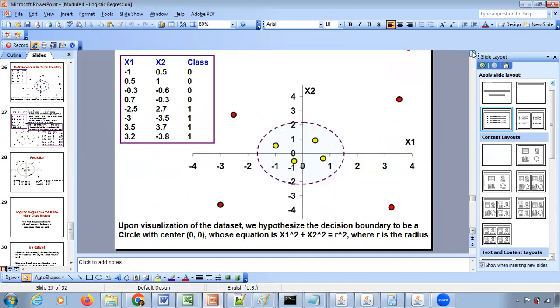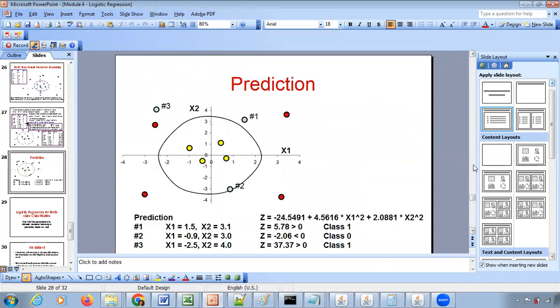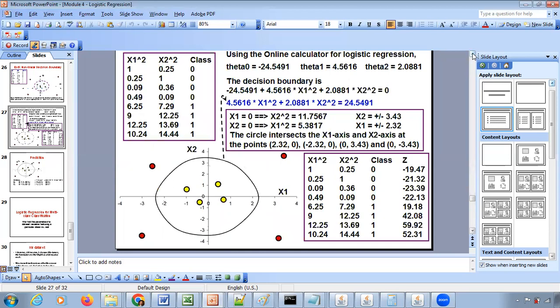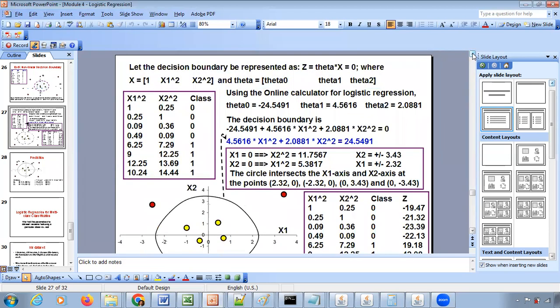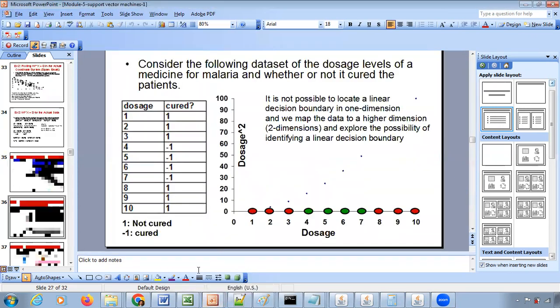So that's one way. Instead of x1, x2, we used x1 square, x2 square as the features, because we know that the decision boundary is non-linear and it's a circle. We'll come back to this data set when we deal with support vector machine.